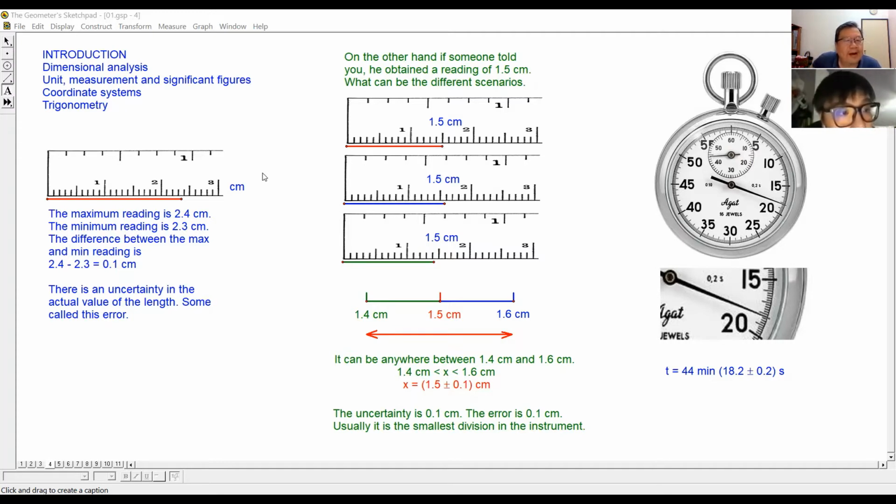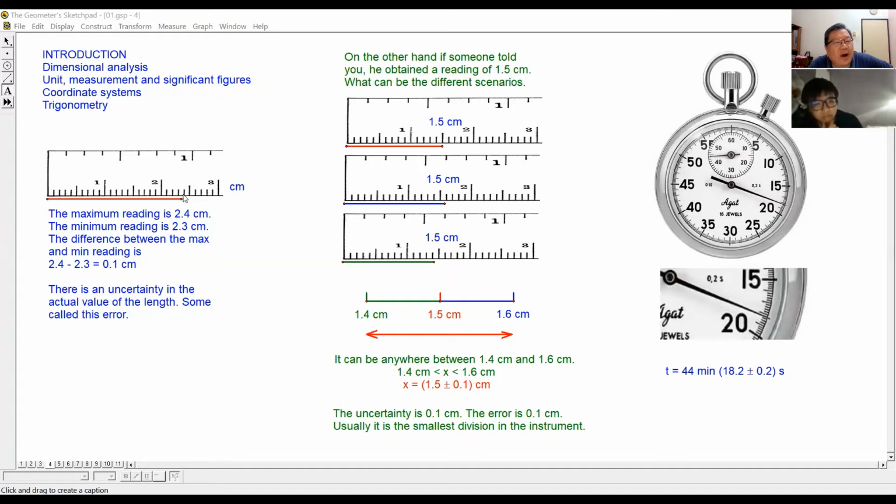You can say it's 2.3, or because it is at the center in between the two markings, you can either take the lower one, 2.3, or the higher one, 2.4. So somewhere between 2.3 and 2.4. The difference between 2.3 and 2.4, 2.4 minus 2.3, is 0.1.